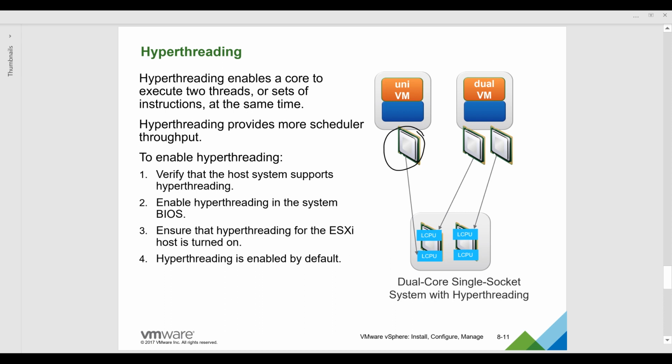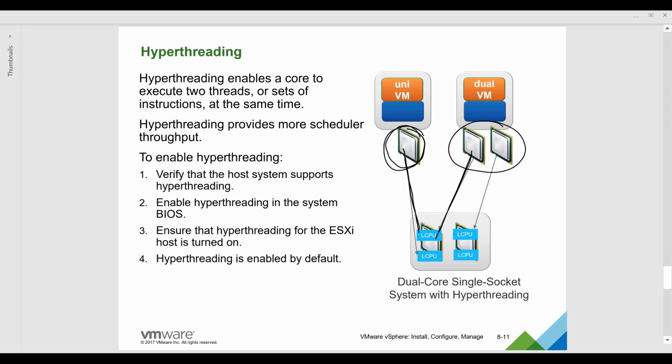It's going to have to match up to another one. But what I can do, and this is what hyperthreading helps, here's a VM with one processor, here's one with two. But as we can see, these two are shared. And this is where hyperthreading is going to help, because it can execute two threads at a time. So we get an instruction set from this one, it can also take one from that one. So we're not completely loading down that CPU.